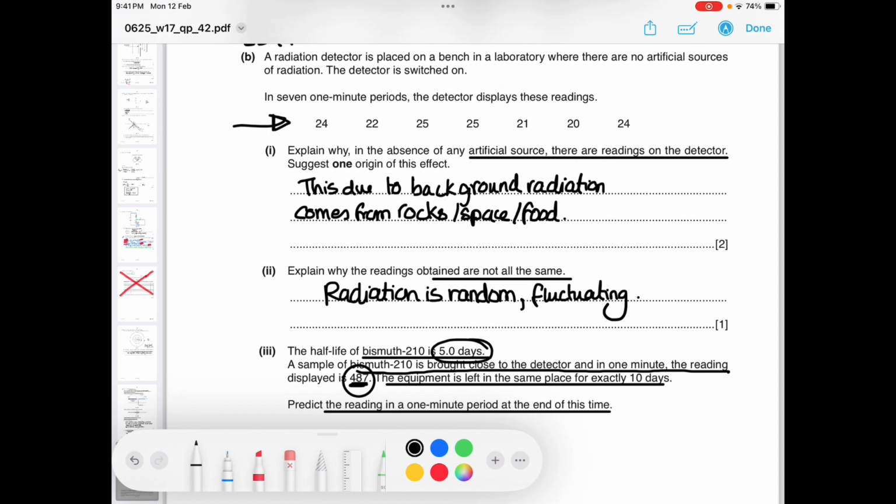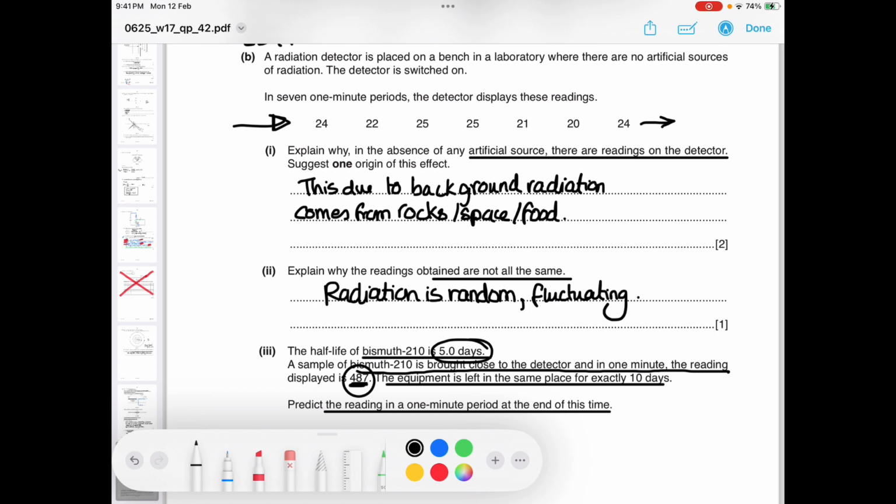So to get the background reading, as you can see, everything is fluctuating. We don't know the exact count rate, so we can calculate the average, and this will be most accurate. So 24 plus 24 plus 22 plus 25 plus 25 plus 21 plus 20.